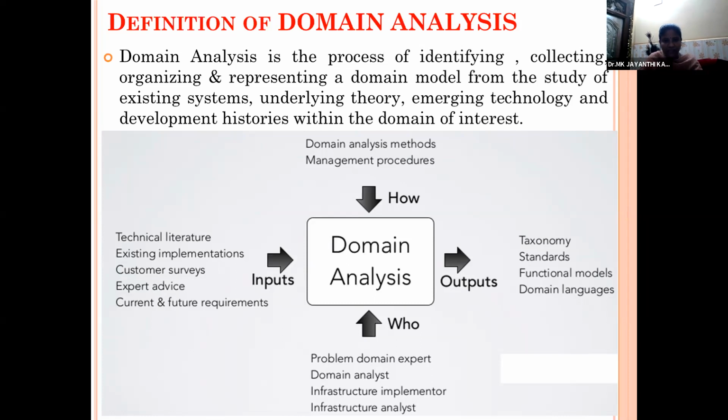The various activities interrelated with domain analysis: first, the how. How means domain analysis methods, management, procedures. How the particular domain is handled, what methods and procedures are followed in the domain, can be understood using how. How and outputs means taxonomy, standards, functional models, and domain languages.